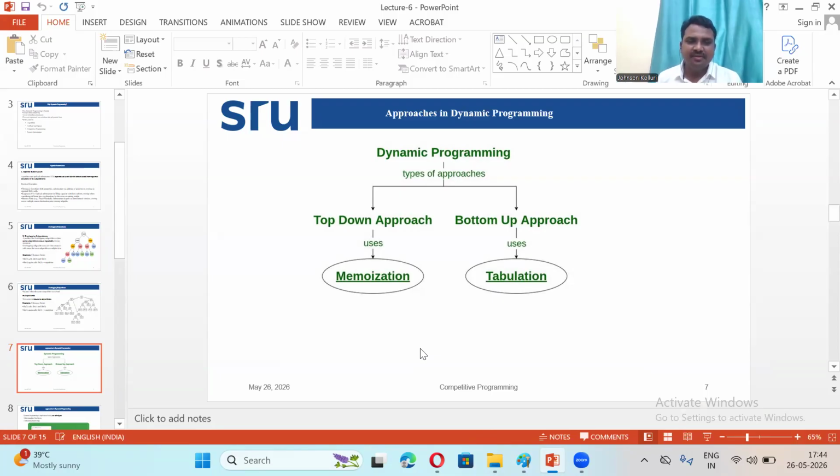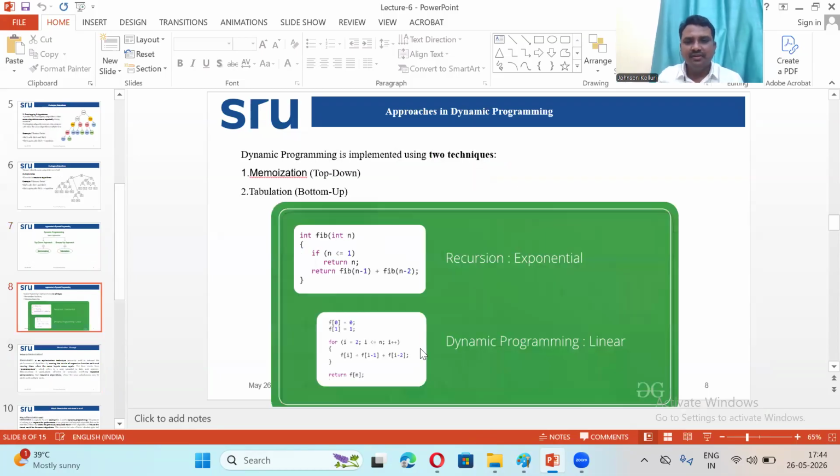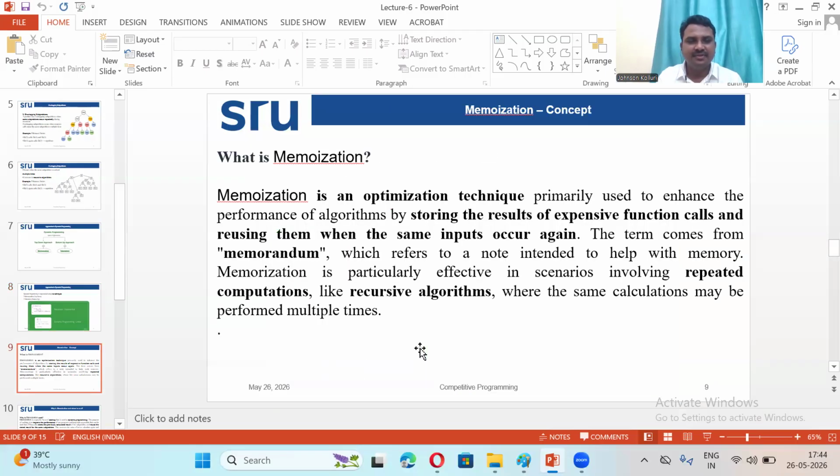First we'll see the memoization concept, next we'll move to tabulation. When we use plain recursion, it shifts to exponential values. Dynamic programming makes it linear. First we'll see memoization so that you will understand.